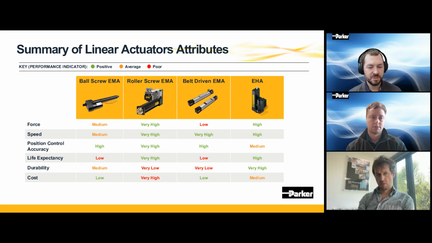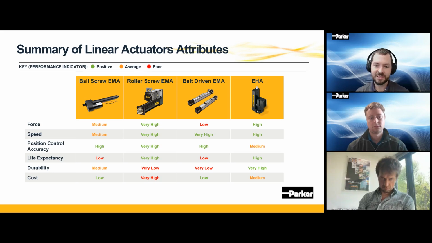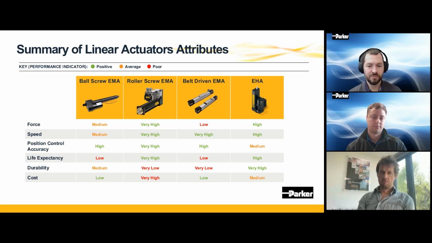And then the life expectancy and durability are going to be on the lower end compared to some of the other options here. Roller screws, they have great force, speed, position control, and life expectancy, but the durability and cost make them less than ideal applications for certain on and off highway systems.